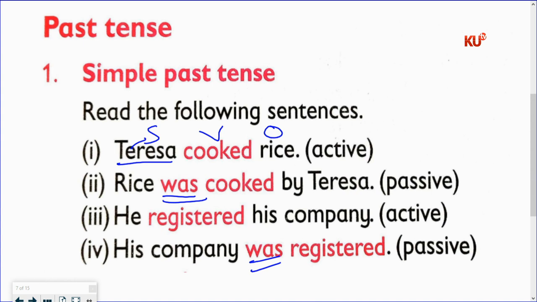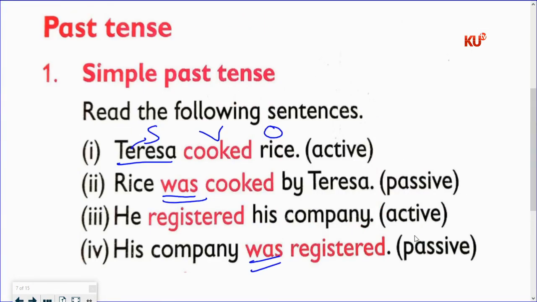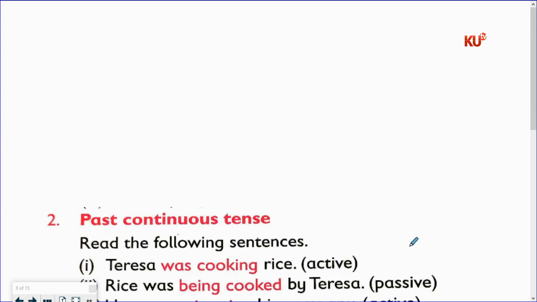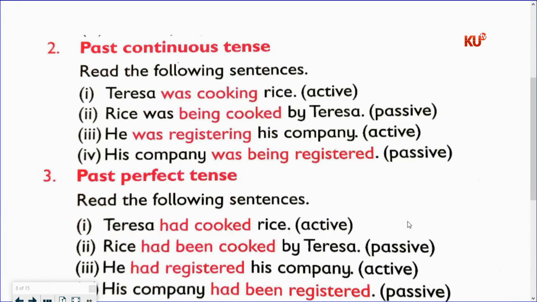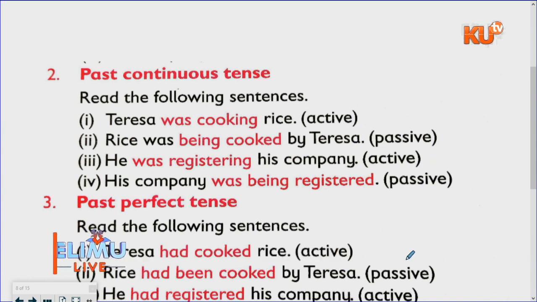Then we move on to past continuous tense. Read the following sentences. The first one is the same sentence that we had used. Teresa was cooking. It is in past and it is in continuous.